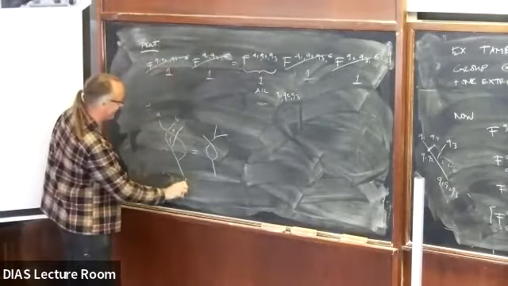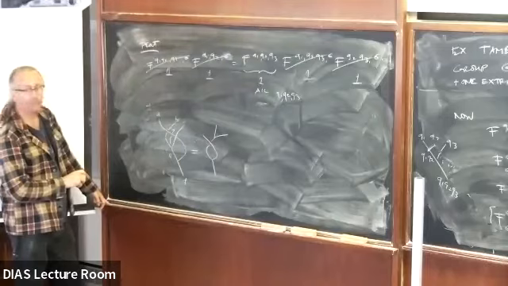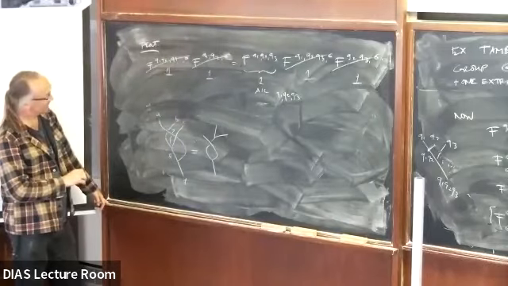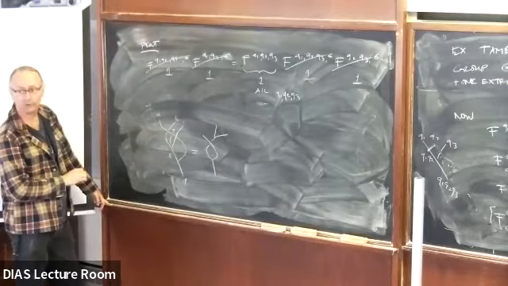Oh, yeah, it would be swapping A and B first, and then combining A and C. B and C. You want to draw it?